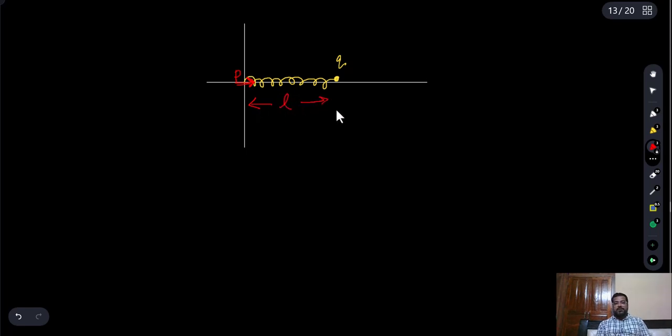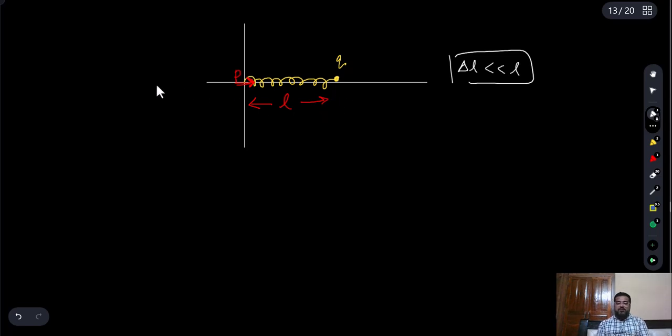Now after that, what they did, they displace this charge Q by a very small distance delta L, which is very much less than L. Now you know that whenever a particle is in stable equilibrium and you displace it by a small distance, it oscillates.